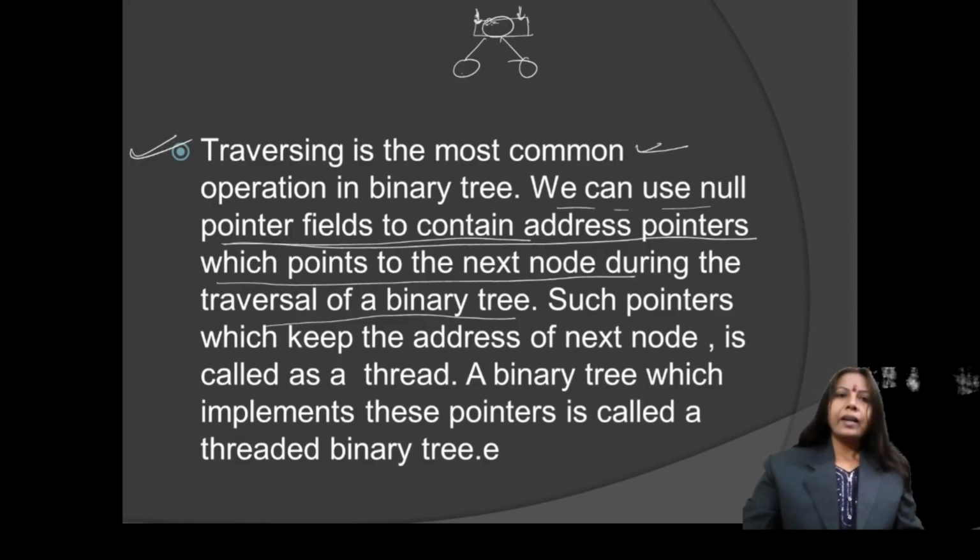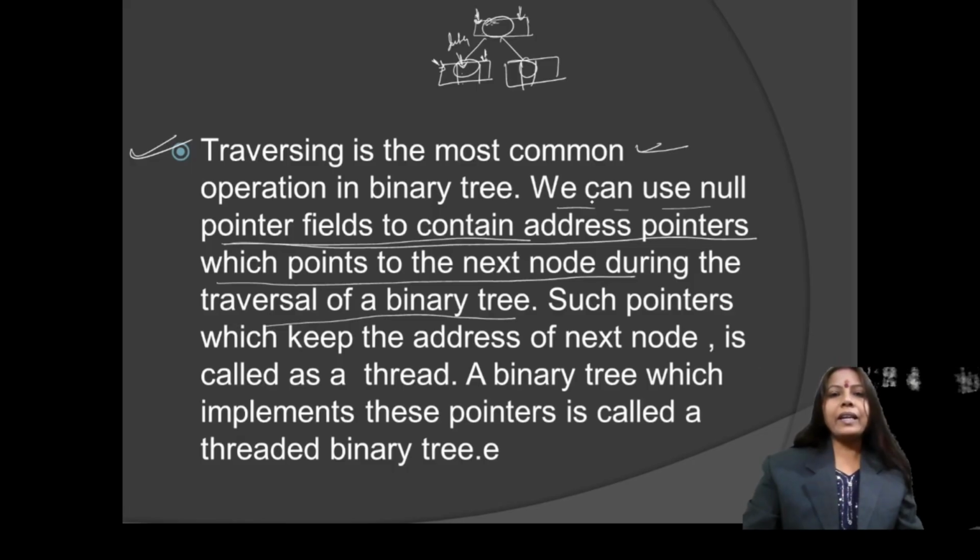Same as this, this is also a node, also divided into 3 sections: the data field, the info field, and this also stores the address of your left node, and this also stores the address of your right node.